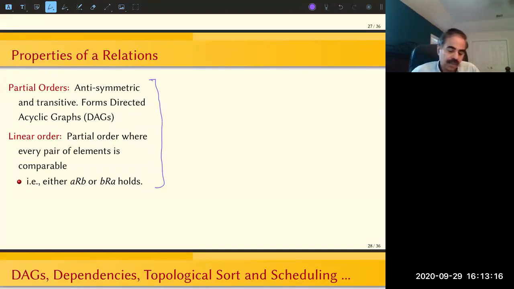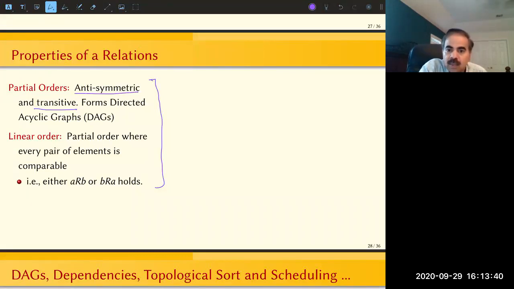One is called a partial order. A partial order is a collection of other properties. In particular, you need antisymmetry and transitivity. Then you get what is called a partial order. So you need both properties.